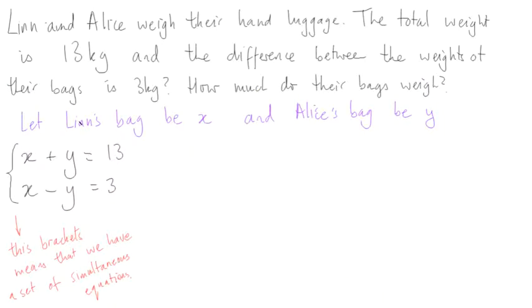So I'm going to do it by finding the equation of the straight line and then plot them on the graph and then find the solution graphically. So this is the graphical solution. So let's take this first equation, x plus y equals 13.